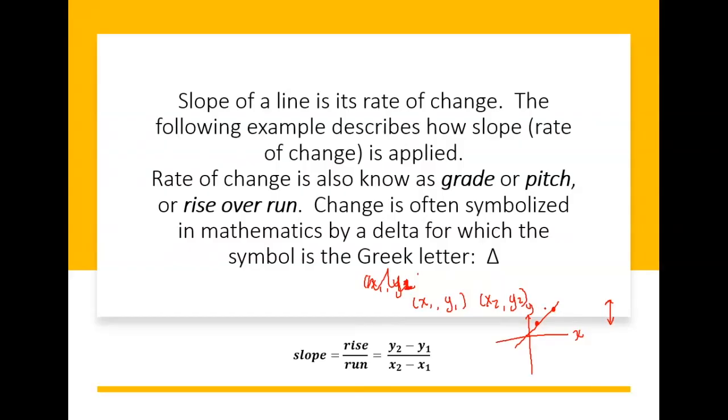This is just a generic example. We take our y value of the second point minus our y value of the first point, over our x of the second point minus our x of the first point. So it's y2 minus y1 over x2 minus x1. We'll definitely look at more examples of this. But slope is rise over run, our rise being our y-axis and our run being our x-axis, so that horizontal change.